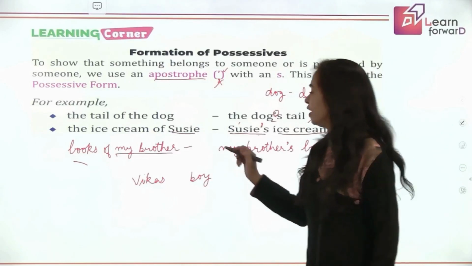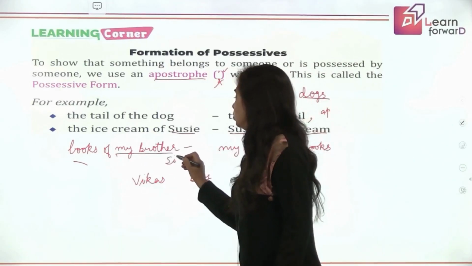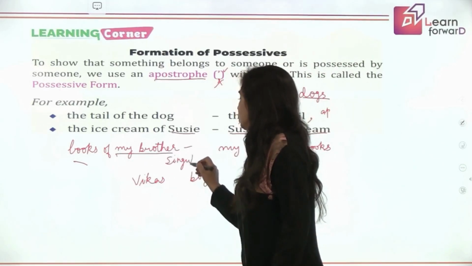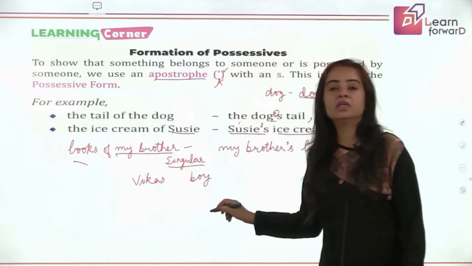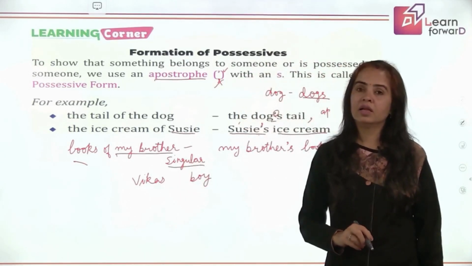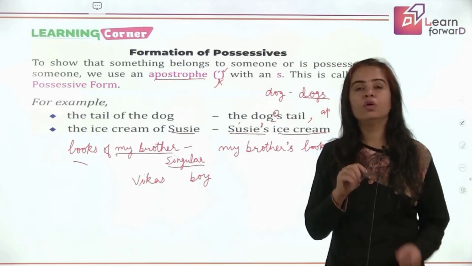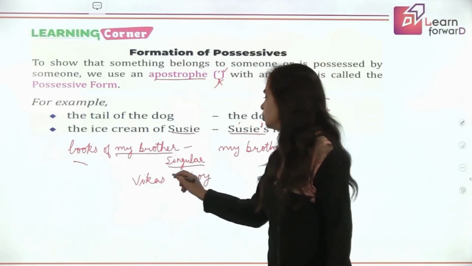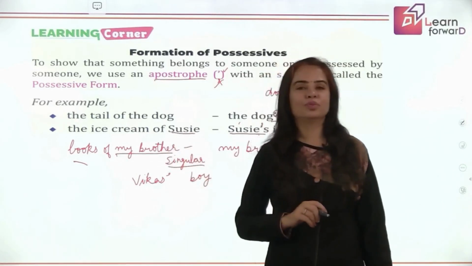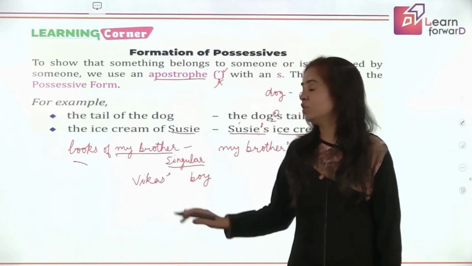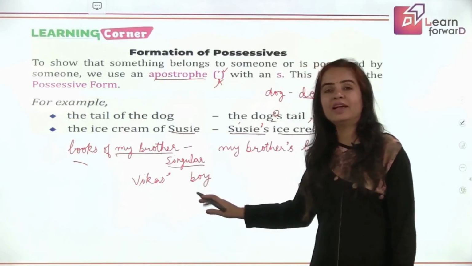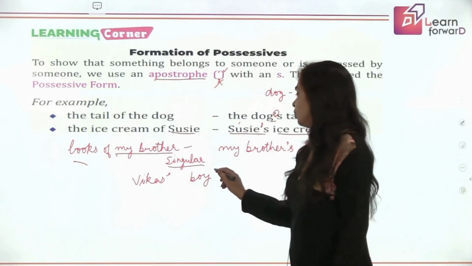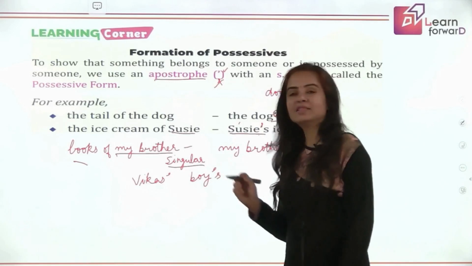No. So when we talk about the singular noun, the noun sometimes has S at the end, but sometimes it does not. Now, what rule do you have to follow? If there is already an S at the end, you will just put an apostrophe to show possession. And if the noun does not have an S at the end, then you will put an apostrophe and S.